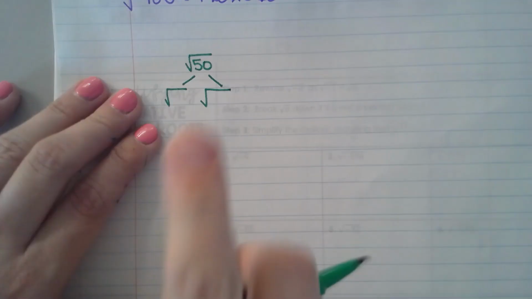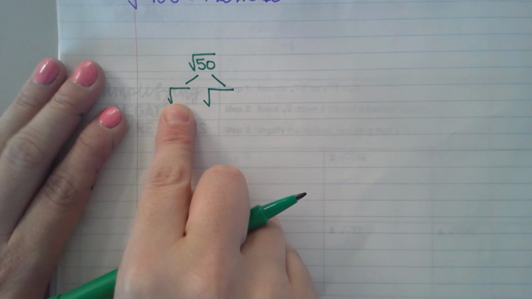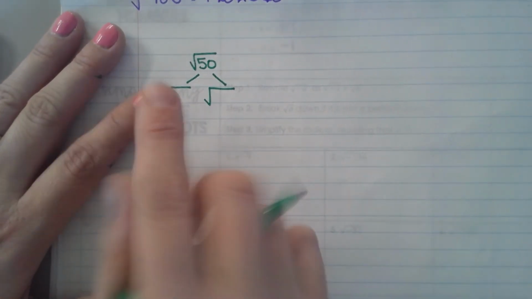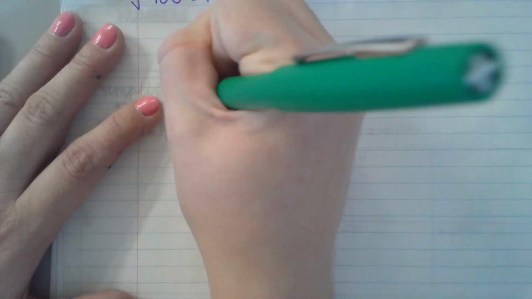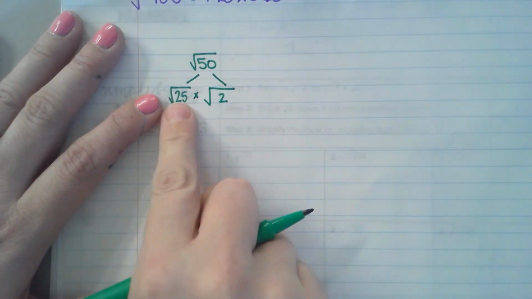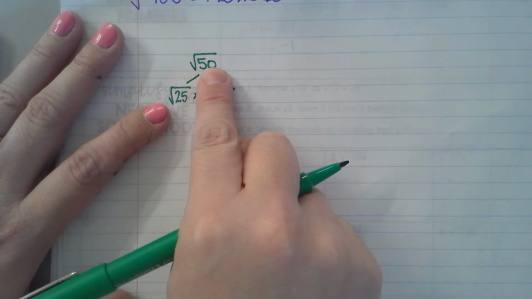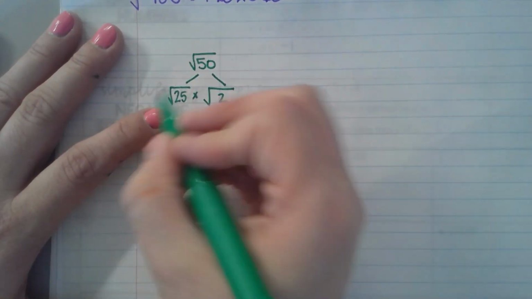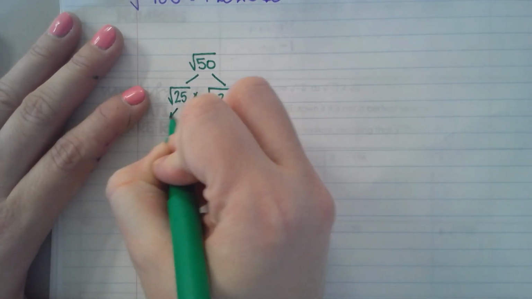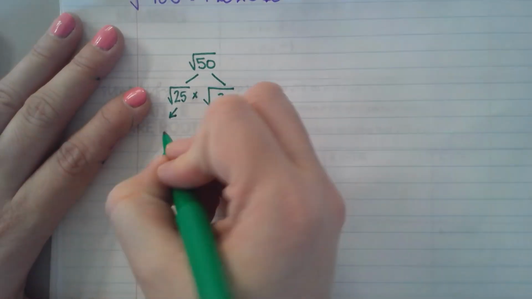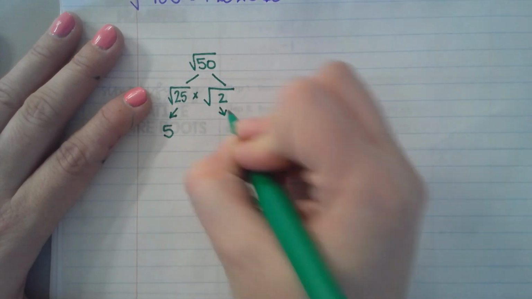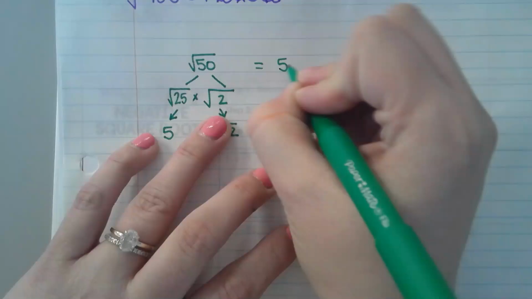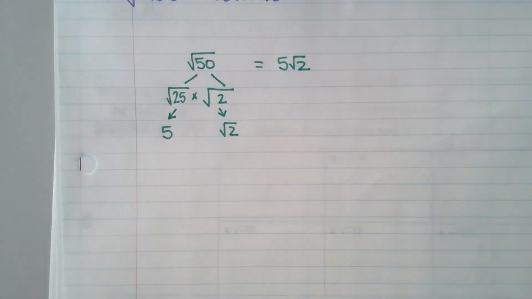A perfect square that goes evenly into 50 is 25. 25 times 2 is 50, so I can split that up. The square root of 25 is 5, and the square root of 2 you just leave. So this is 5 square root of 2.